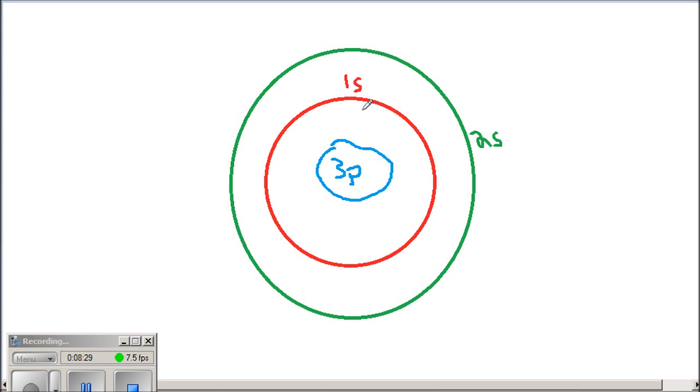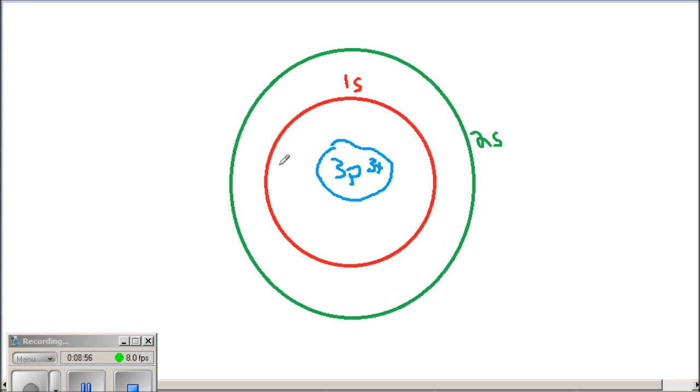Okay, so if there's only 1 electron in this 1s orbital, it would see a 3 plus charge in the nucleus, because 3 protons, right? And that one electron would see the nucleus and be like, okay, I see a 3 plus charge. That's a lot of attraction between a 3 plus thing and a 1 minus thing. So that's pretty good.